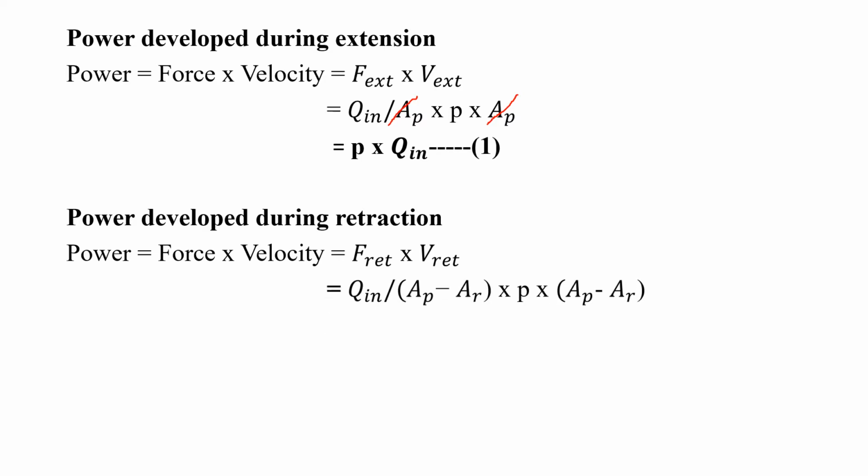So velocity during retraction is Q in divided by annulus area AP minus AR, and force during retraction is pressure into annulus area. Here also the numerator annulus area and denominator annulus area get cancelled and remaining is P into Q in. Consider this as equation number 2.